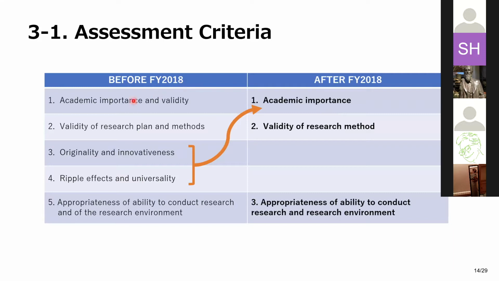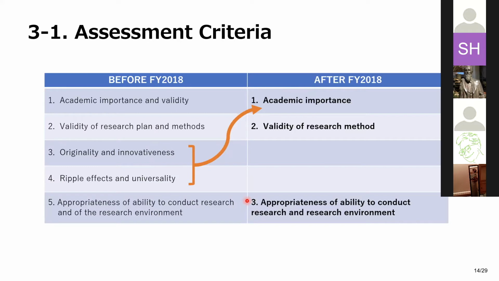It used to have 5 main factors on which the research proposal was evaluated before 2018. But after the change, it has been reduced into 3 main factors: academic importance, validity of research method, and number 3, appropriateness of ability to conduct the research and the research environment.